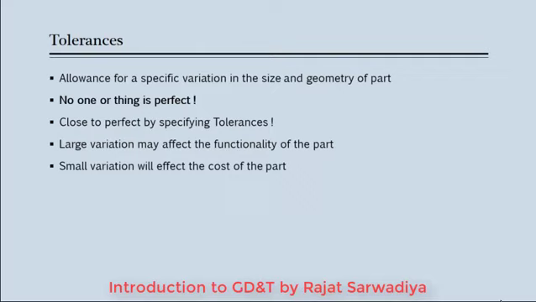Because if you try to achieve perfectness, you will need to spend more money, because there will be a large number of rejections. So that also we need to keep in mind.